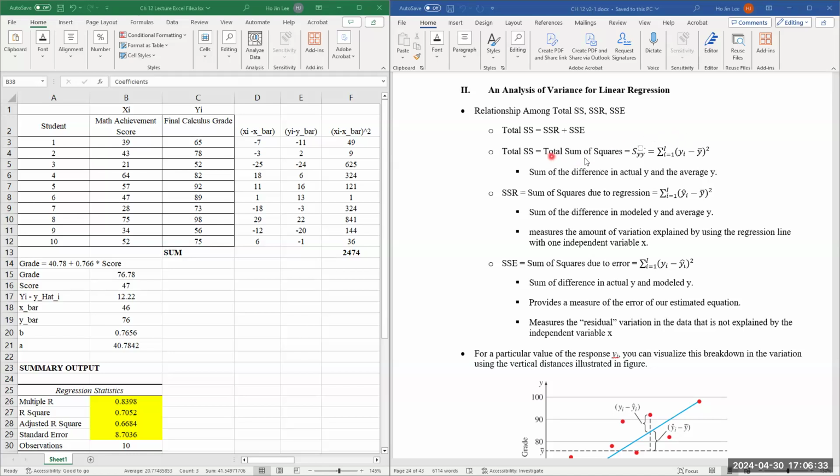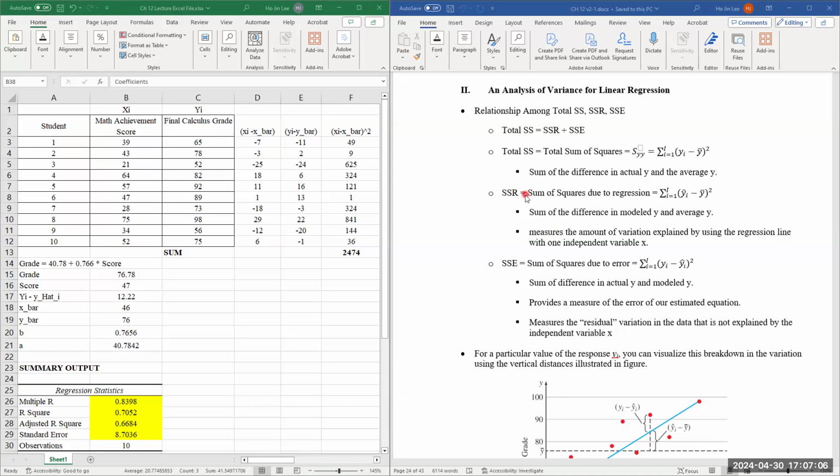Total SS is the total sum of squares, and that is S, Y, Y. That's basically each individual Y that we observe here, the data, minus the average. That is squared and you sum it over all of the students in this case, all of the data. And this is the sum of the difference in the actual y and the average.